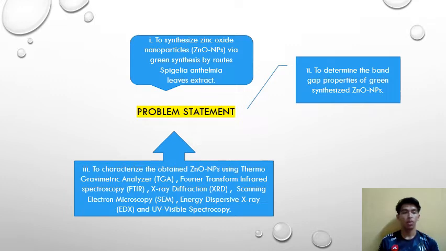Next, to characterize the obtained zinc nanoparticle using thermogravimetric analyzer (TGA), Fourier transform infrared spectroscopy (FTIR), X-ray diffraction (XRD), scanning electron microscopy (SEM), energy dispersive X-ray (EDX), and the last one is UV visible spectroscopy. And the third objective is to determine the bandgap properties of green synthesis zinc nanoparticle.